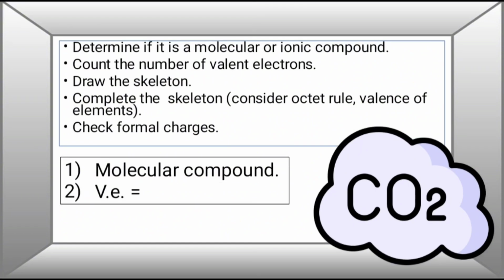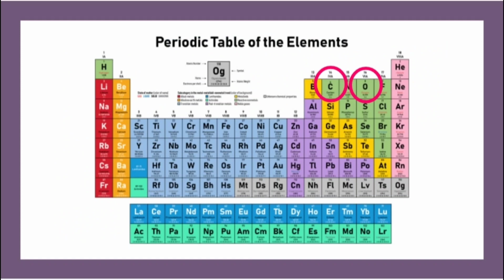So, valence electrons of carbon. Let's have a look at the periodic table. We see that carbon is situated in the fourth group. Oxygen is situated in the sixth group. Main group. So carbon will have 4 valence electrons, oxygen will have 6 valence electrons.